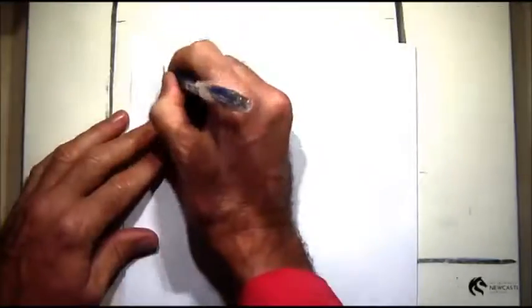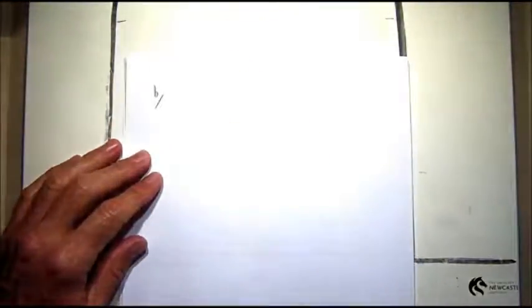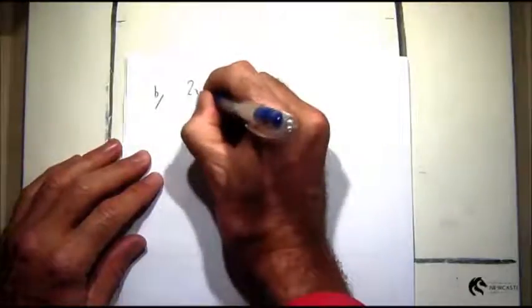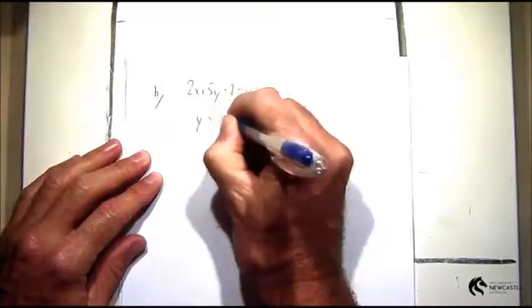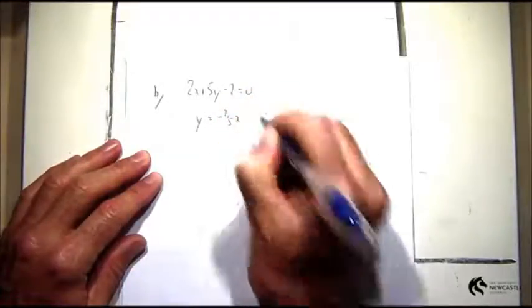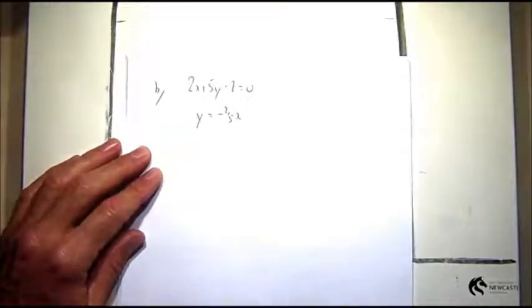So in part B, it's the same first line. So here I've got 2x plus 5y minus 7 is equal to 0. So that rearranges to y is equal to minus 2/5 x plus 7 on 5.